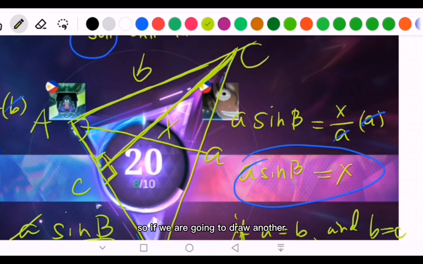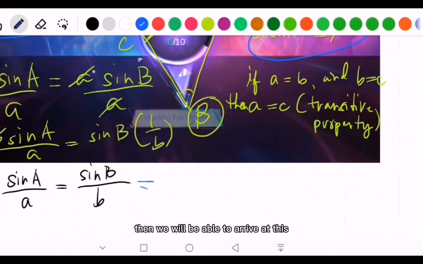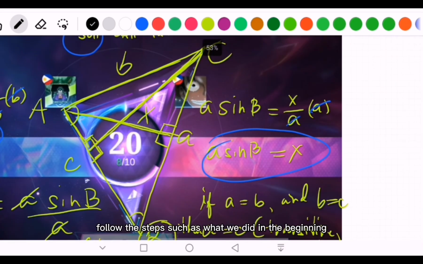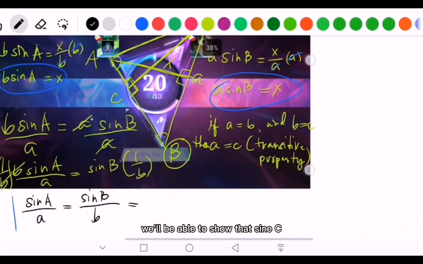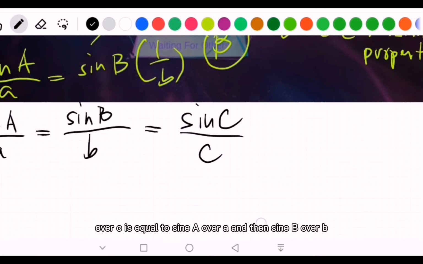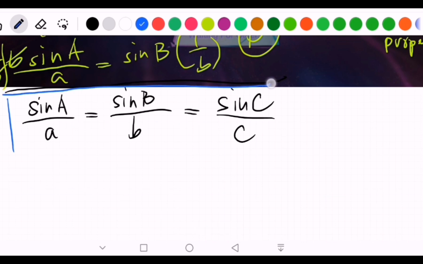So if we are going to draw another altitude right here, and it will create a right angle just like we did in the beginning of this proof, then we will be able to arrive at this law of sines. So in summary, if we follow the steps such as what we did in the beginning, we'll be able to show that sine C over c is equal to sine A over a and then sine B over b. So this will be your law of sines.